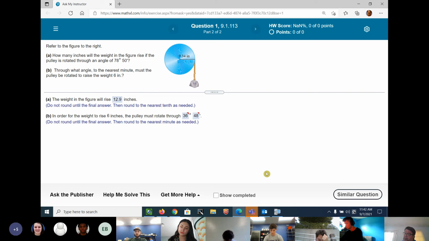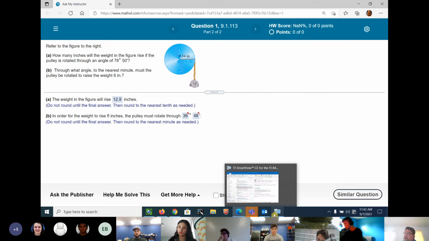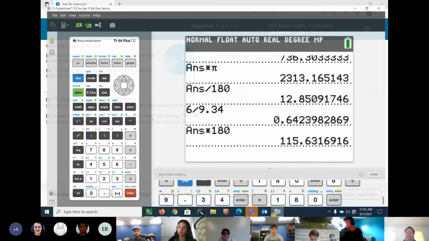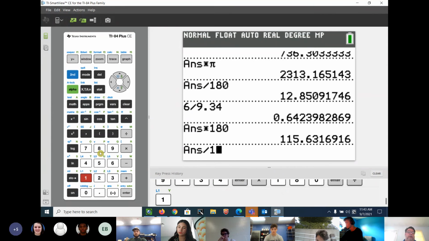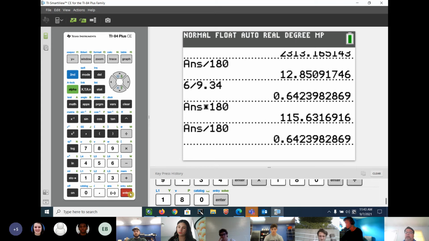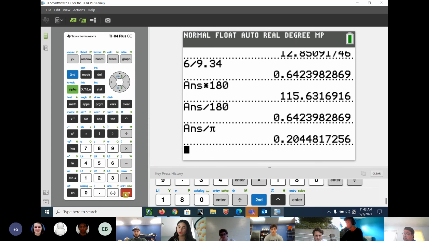So we need to divide that by pi. Let's see if that works. Divide that by pi since it's in radians. So I'm going to take 0.64 and divide by pi. That's going to be 0.2044817256.